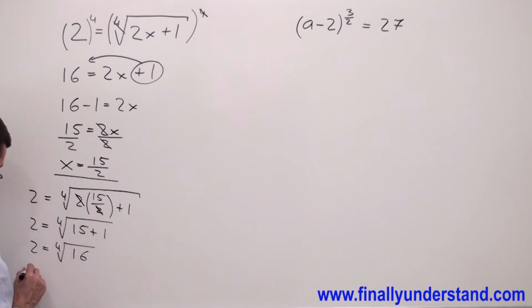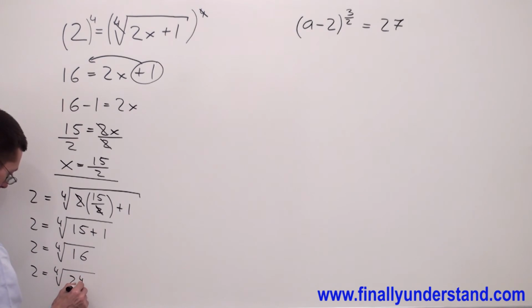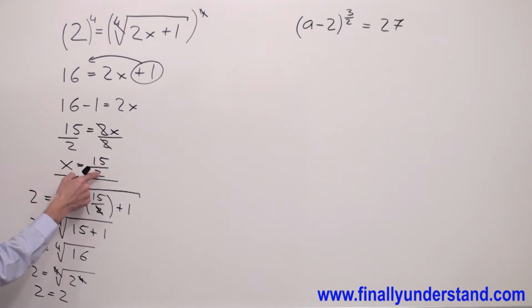Remember, 16 is nothing else, just 2 to the 4th power. This exponent is going to eliminate my radical sign, and I have 2 equals 2. As you can see, the left side of my equation is equal to the right side of my equation. That's why x equals 15 over 2 is the solution to my problem.